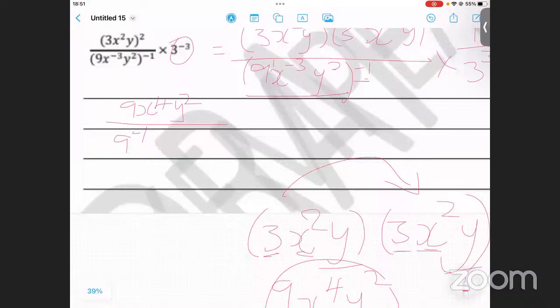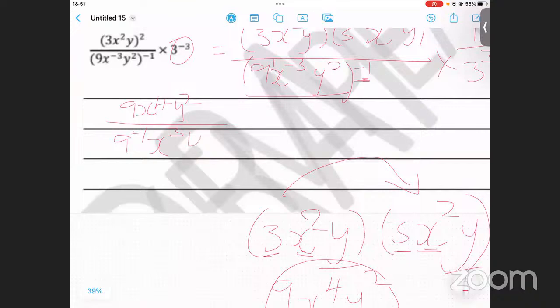And then again, we're going to have x to the power of negative 3 multiplied by negative 1. So negative 3 multiplied by negative 1 is positive 3. Basically, it's the switch of the exponents. If it's positive, it becomes negative. If it's negative, it becomes positive because it's a multiplication of a negative 1. So that means it's reversing.